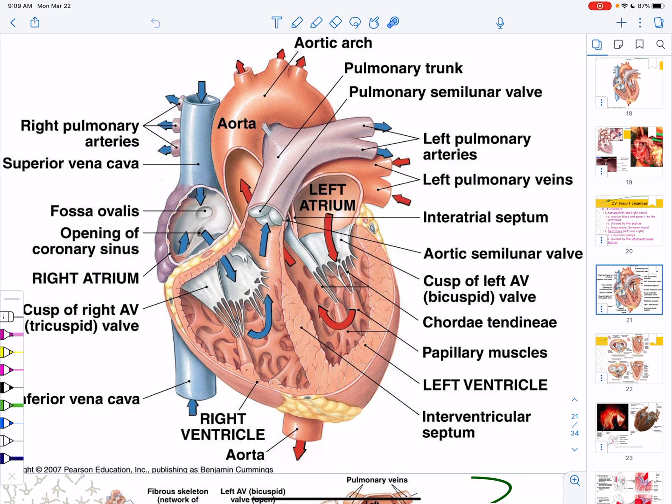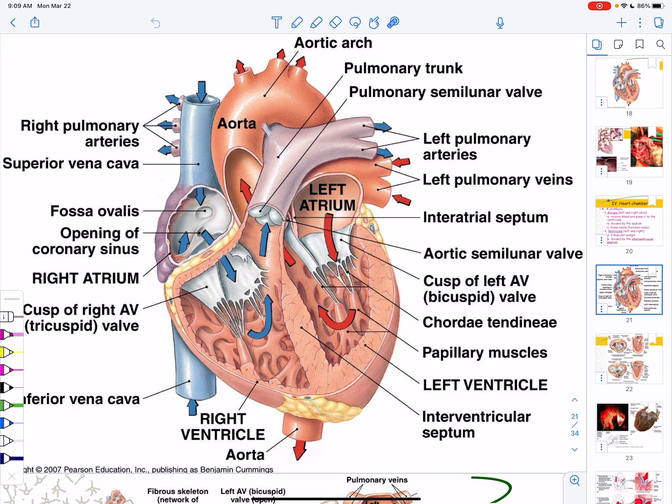I need you to notice that there are actually 4 valves. This one is known as the pulmonary semilunar valve, and it's right here. It looks like 3 little marshmallows stuck in there, or 3 little white beans. That's one. We then have one hiding behind the pulmonary trunk, another semilunar valve.